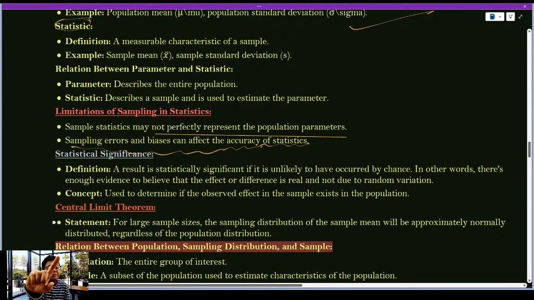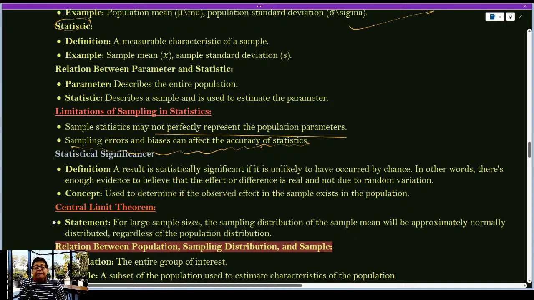The method will follow that only. You take every 5th student, every 10th student, that's okay, no problem. Okay? Now what is statistical significance? This is used to determine if the observed effect in the sample exists in the population. This is statistically significant. I have written two definitions over there.